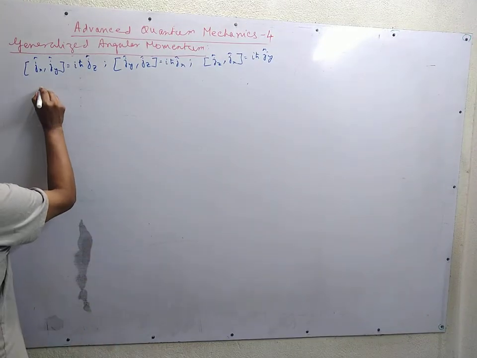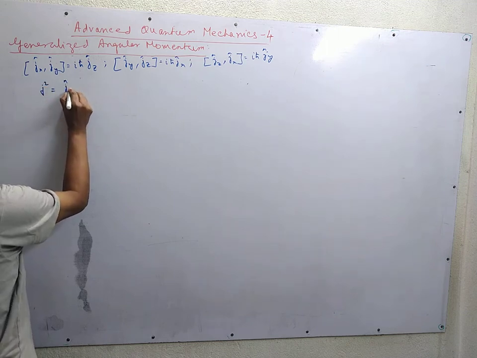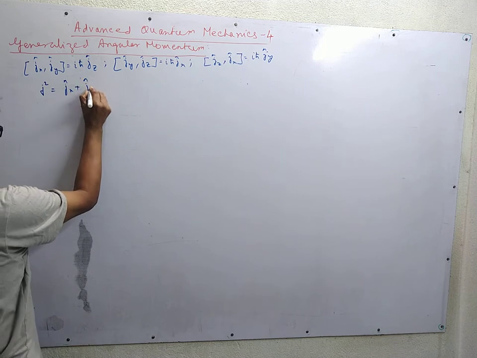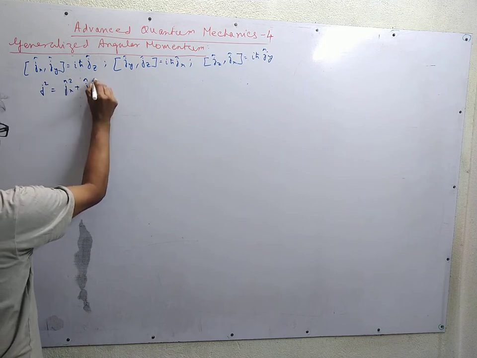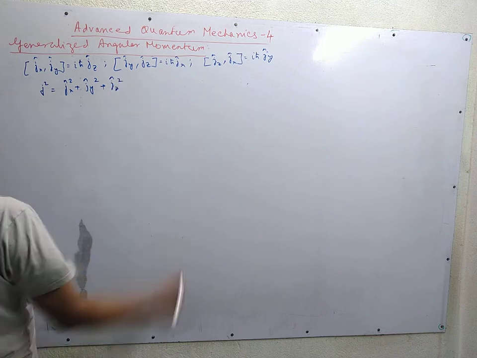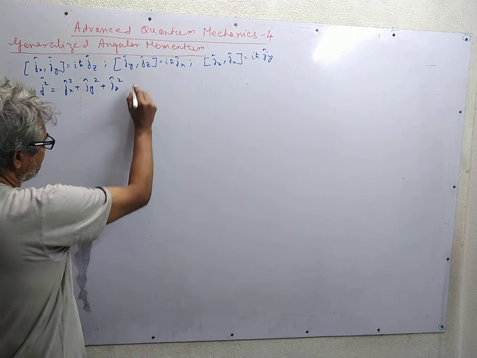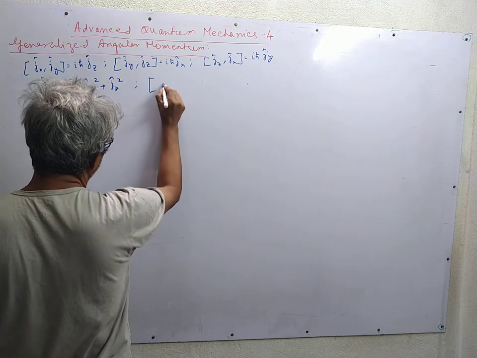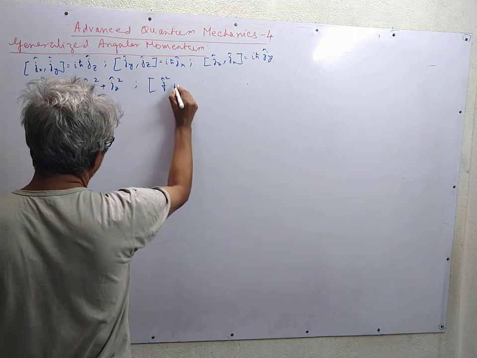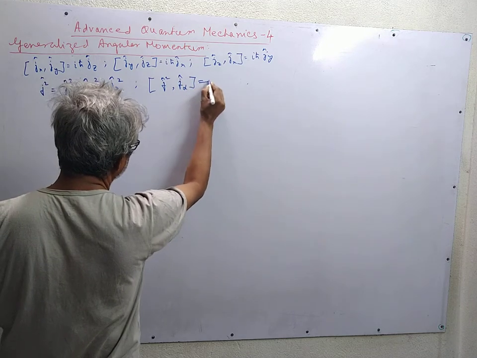We define the J² operator as equal to Jx² + Jy² + Jz², and it is a trivial task to show that the J² operator commutes with each of its Cartesian components.